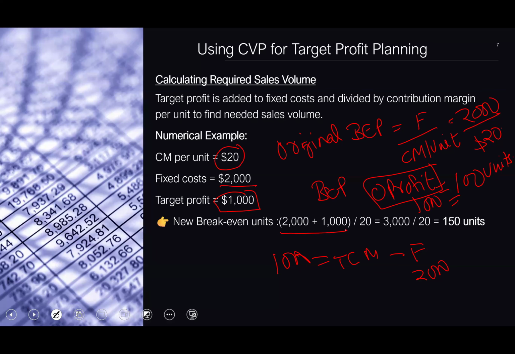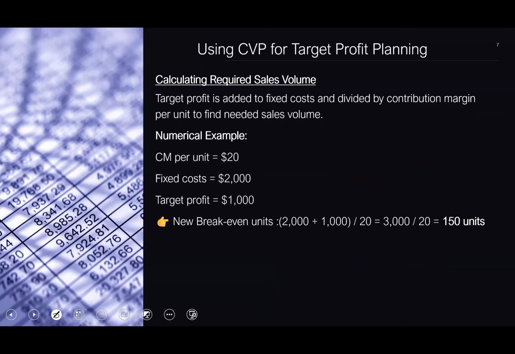So 2,000 plus 1,000, 3,000, is total contribution margin. Total contribution margin is nothing but contribution margin per unit times Q. So since I'm solving for number of units, I can massage my equation and say that if I sell 150 units, I'll be able to take $1,000 home.